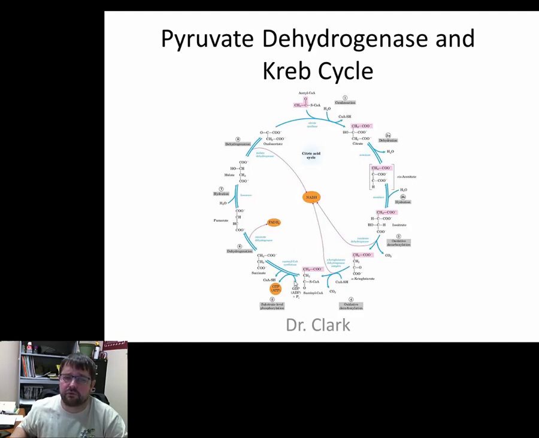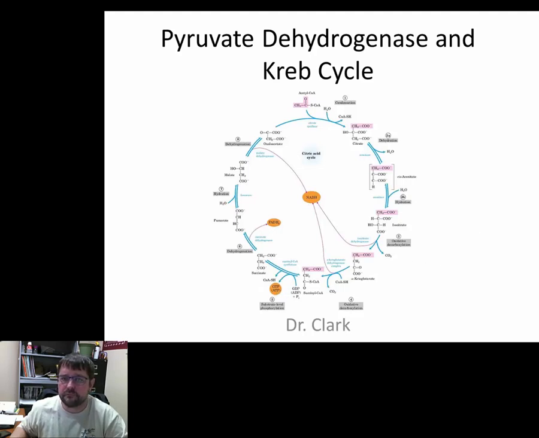But we'll go through this. I'm not gonna have you memorize all the steps and all the intermediates, but I want you to know the general process by which acetyl-CoA gets converted into energy-carrying molecules, NADH and FADH2, and then some of that energy is converted into ATP.